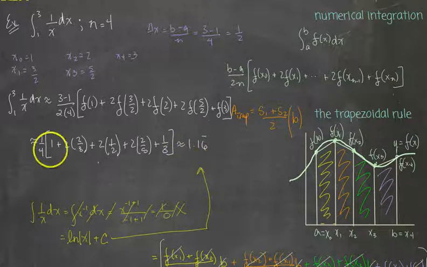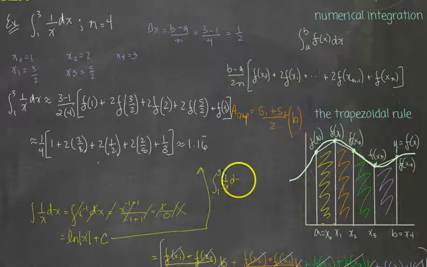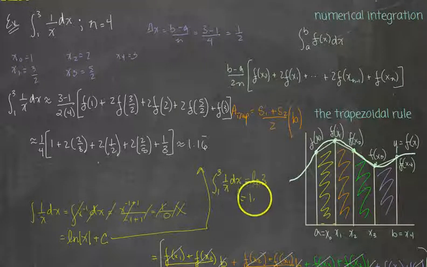In this case, I would find that the integral on the interval 1 to 3 of 1 over x dx would equal the natural log of 3. And if I put that into my calculator, I get 1.0986 and it goes on forever.